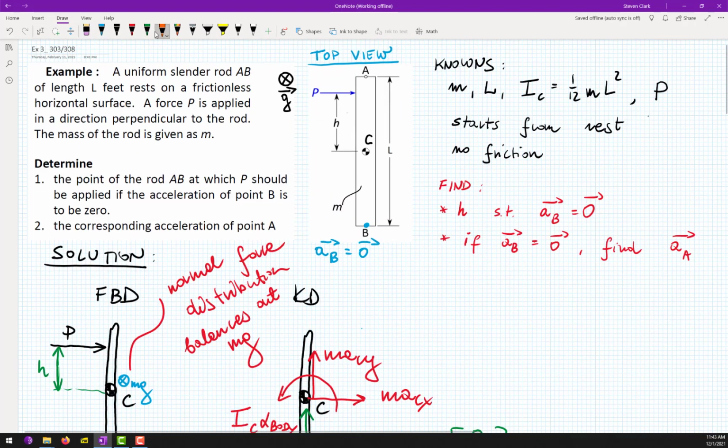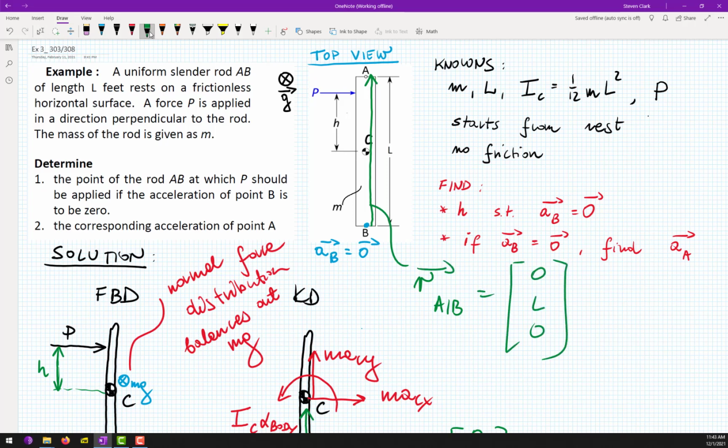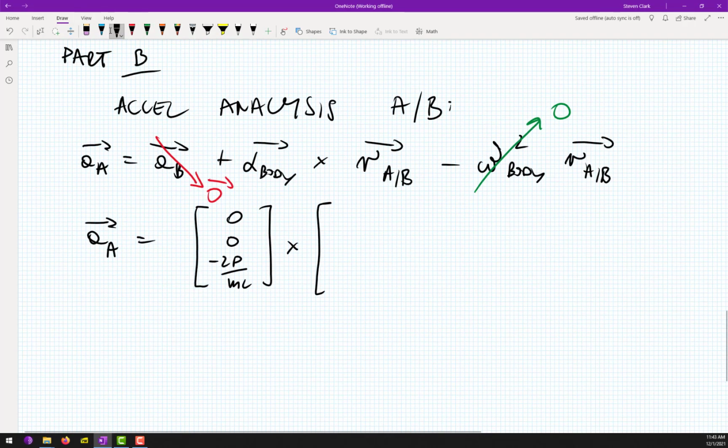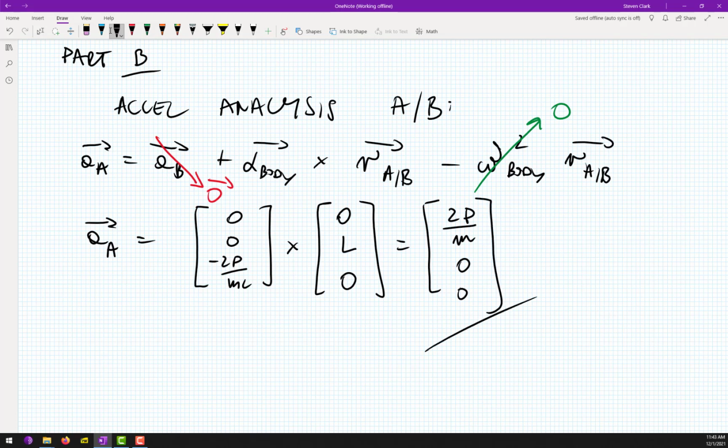And this vector starts at B and ends up at A. All of you see that this is 0, L, 0. So let's do it quickly and we can go home. So if you run this determinant, you will end up with such expression, 2P over M, 0, 0. This is the answer to part B.